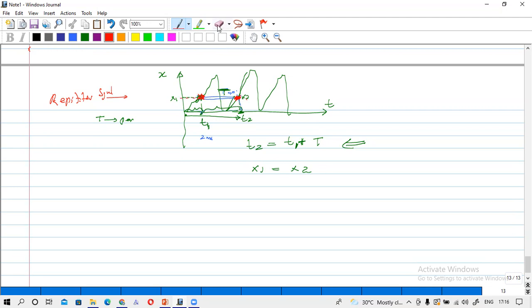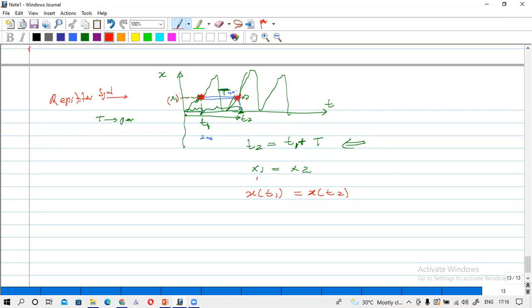With the notation I told previously, X at T1, that is nothing but this X1 point, is equal to X at T2, this point X2.